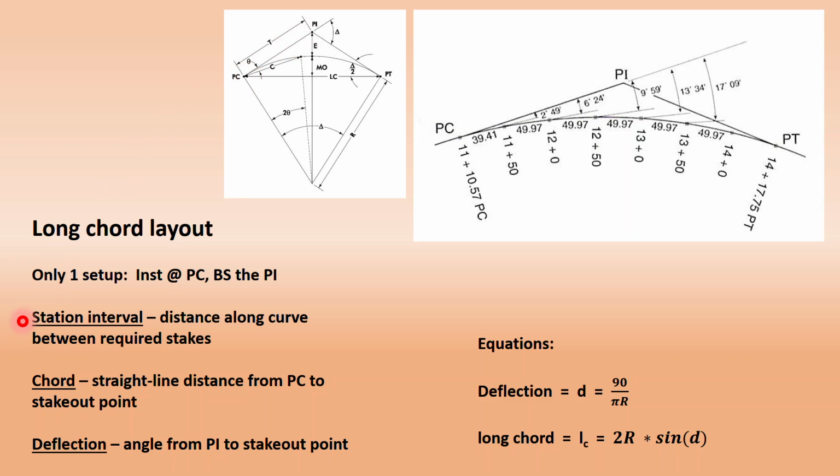A couple of definitions regarding this layout method. A station interval is simply the distance along the curve between your required stakes. So that's the arc distance, right? The distance along your arc between the stakeout points that you need to establish. A chord, different than the arc distance, is a straight line distance.